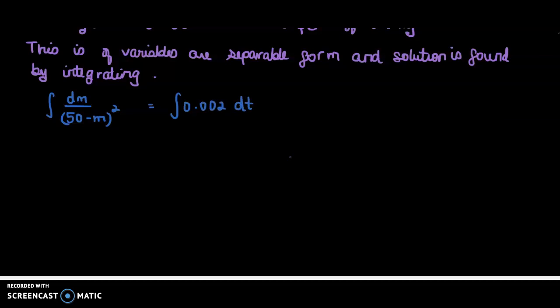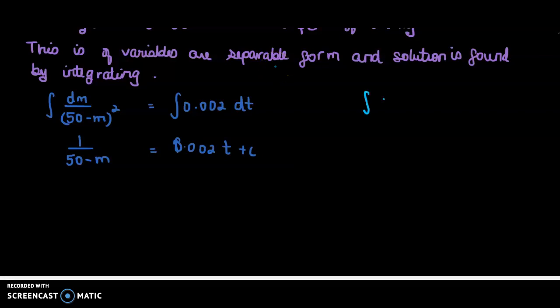And when we integrate, this should be 1 over 50 minus m, which is equal to 0.002 t plus c. Now, just a quick side note.